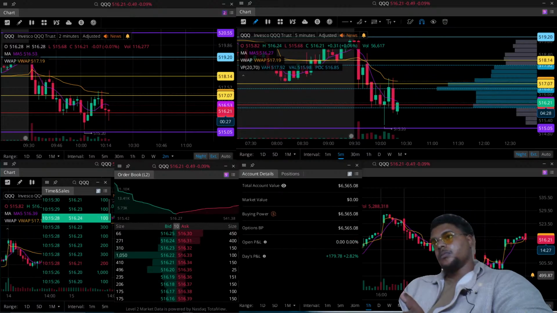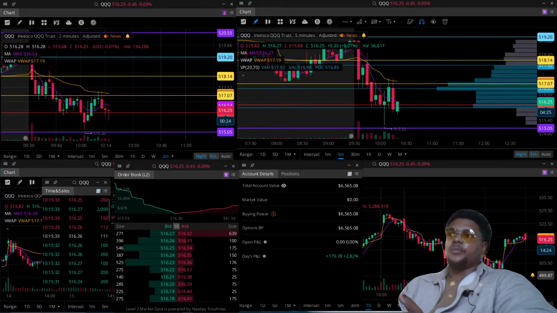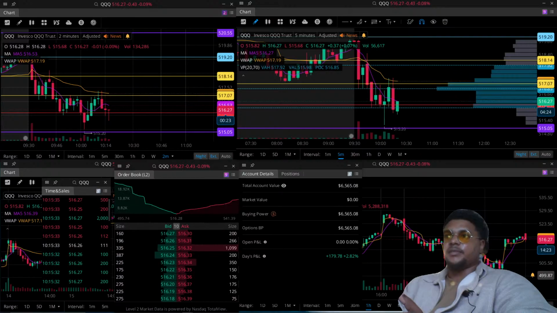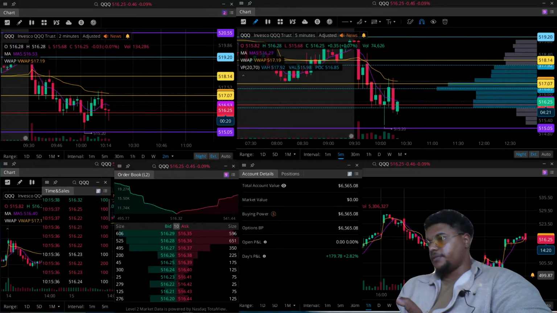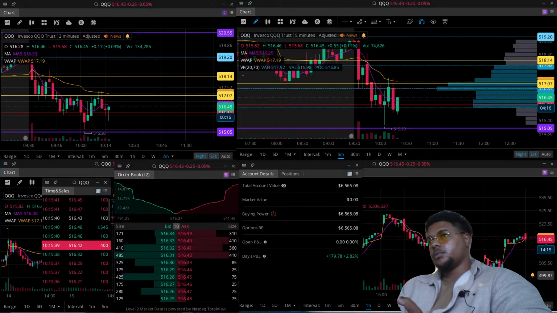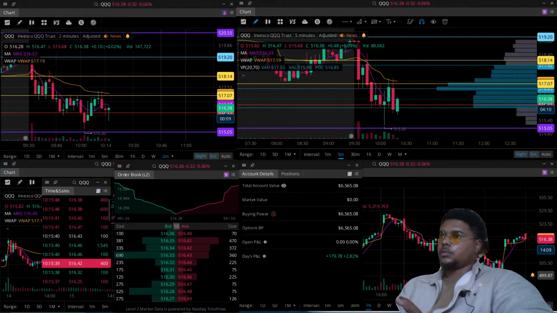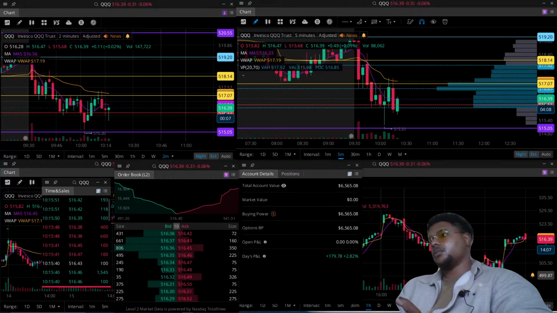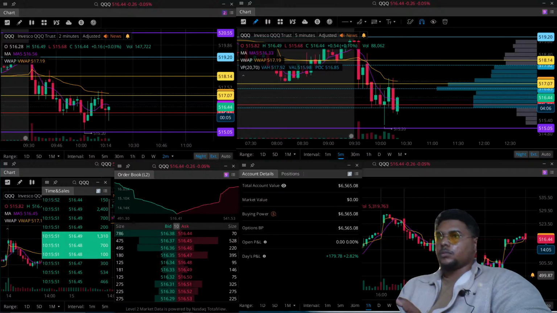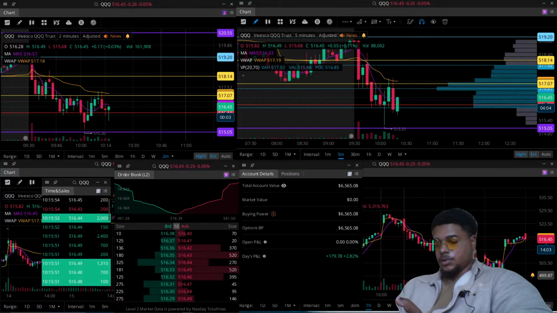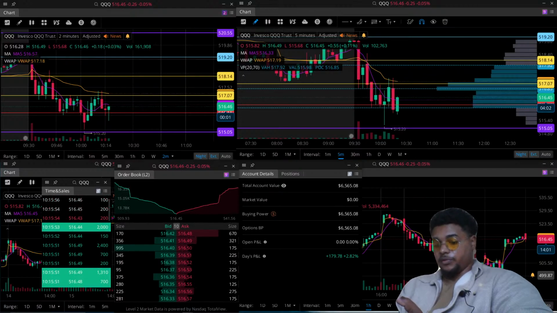Yeah, I don't like that hammer formation right there. That's a lot of pushing up. I'm gonna take that off. In fact, what I'm gonna do, I'm gonna reverse it.